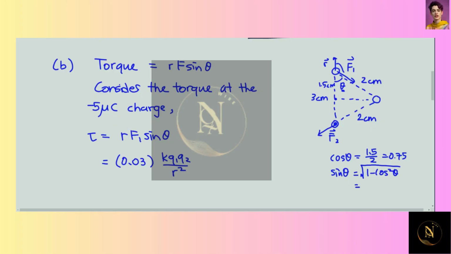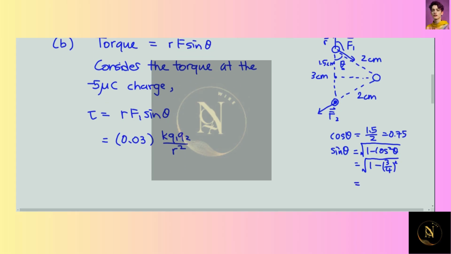So you get the square root of 1 minus 3/4 squared, which is the square root of 7/16. That's the value of sine theta, but you can just use a calculator to store it. Then we put in all the numbers.